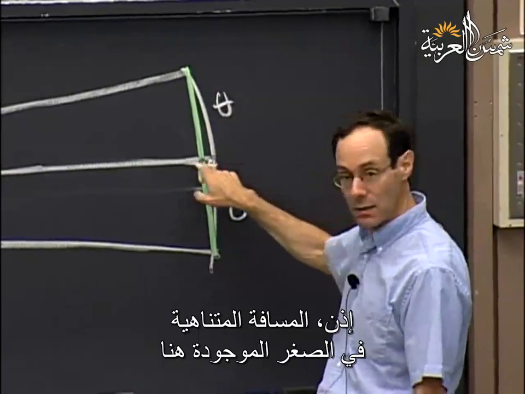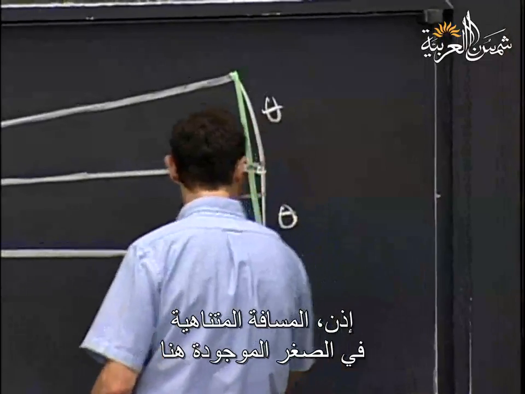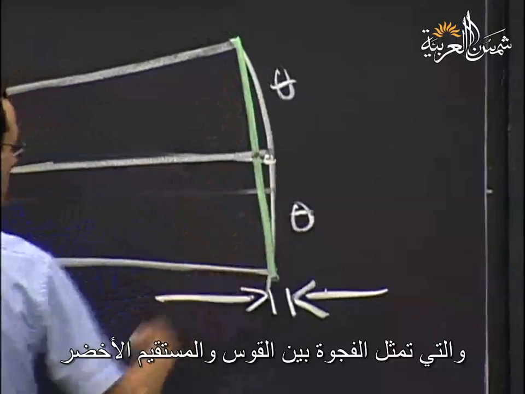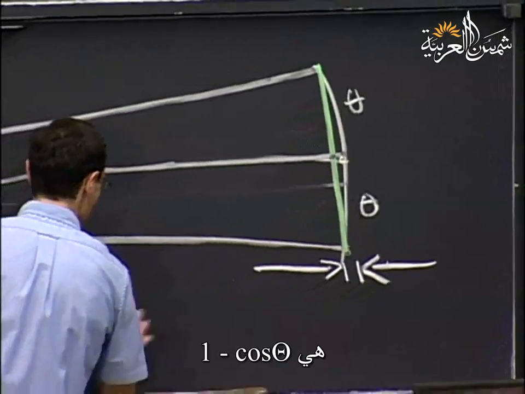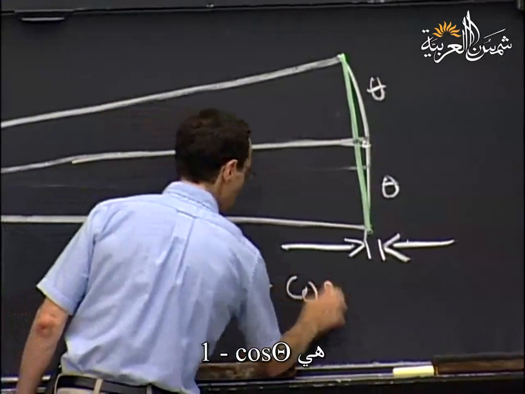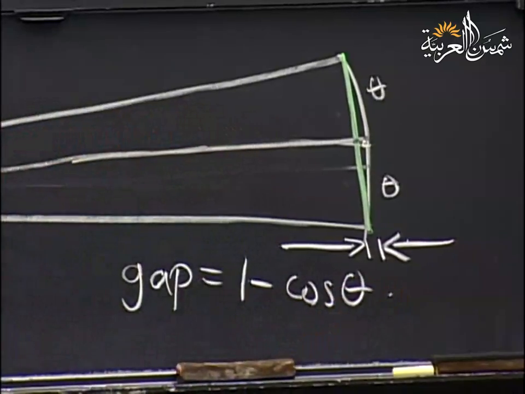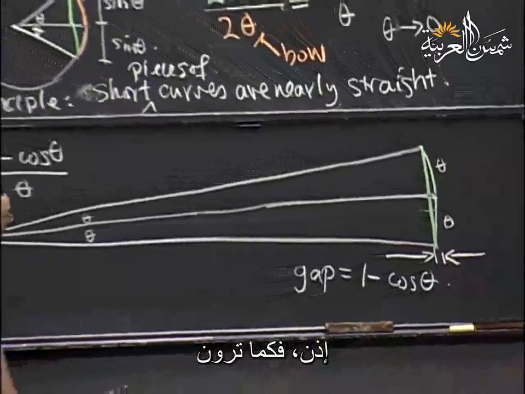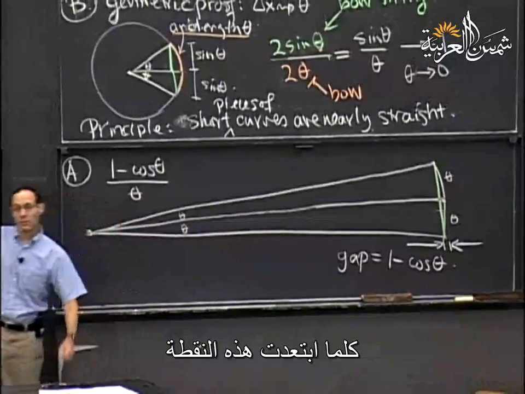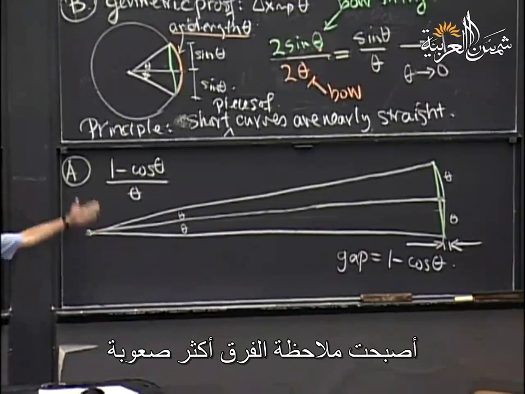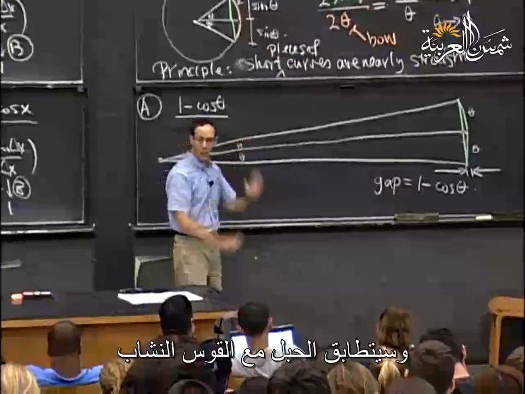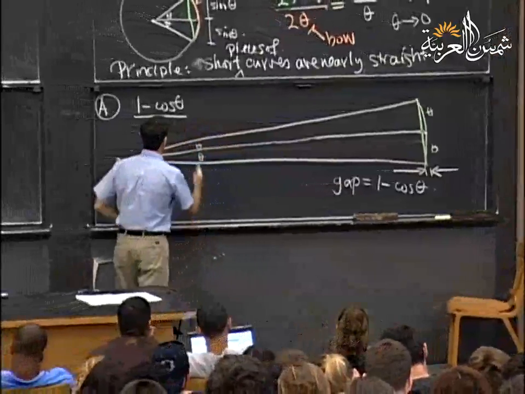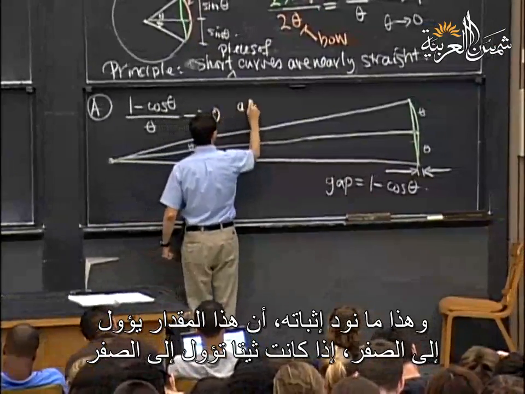So this little tiny bitty segment here, which is basically the gap between the curve and the vertical segment, is equal to 1 minus cosine theta. All right? And so now you can see that as this point gets farther away, you would hardly be able to tell the difference. The bowstring would coincide with the bow, and this little gap between the bowstring and the bow would be tending to 0. And that's the statement that this tends to 0, as theta tends to 0.